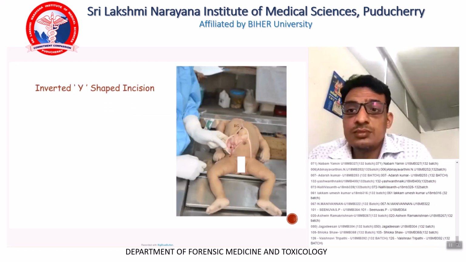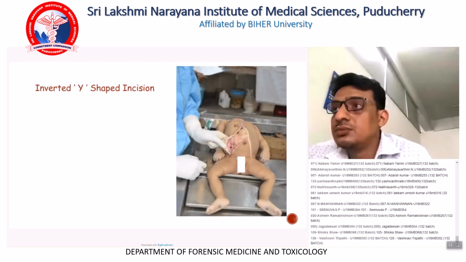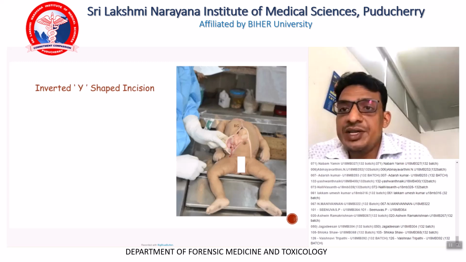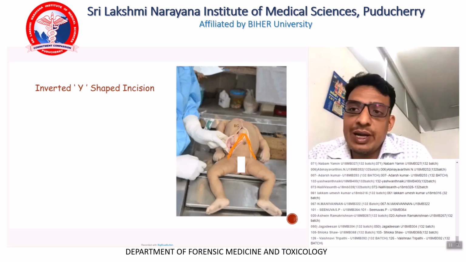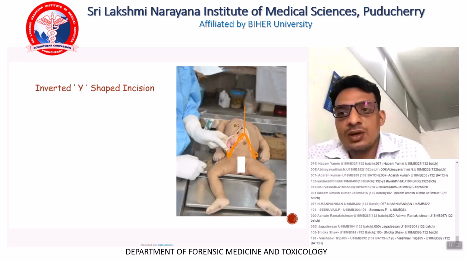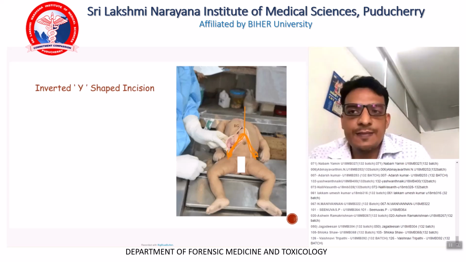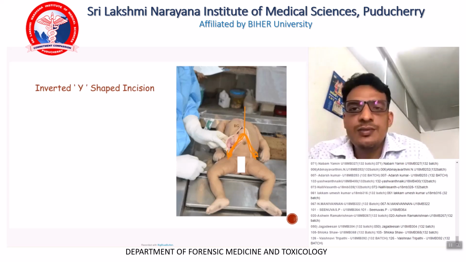Inverted Y-shaped incision. Inverted Y. Above the umbilicus, we divide this into two limbs, both going to the ASIS, anterior superior iliac spine. It is useful in neonates and fetus autopsies.